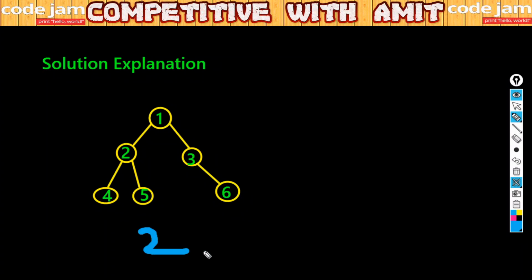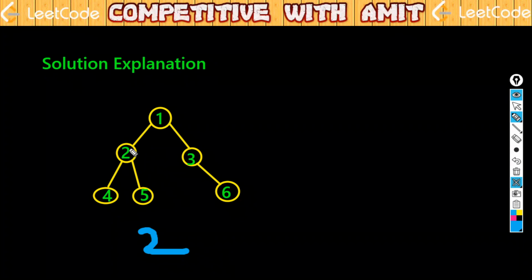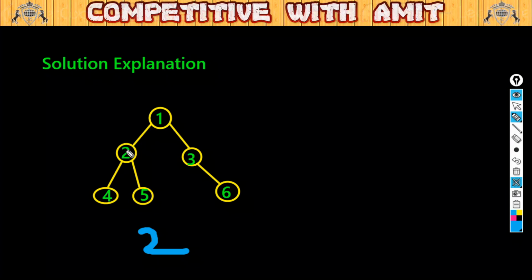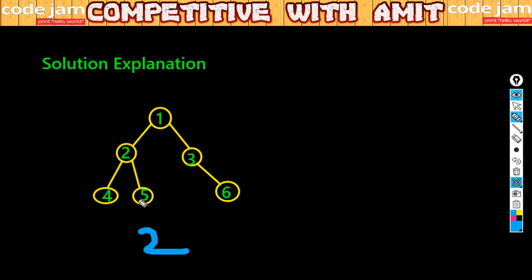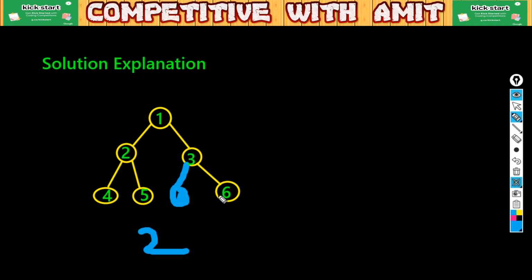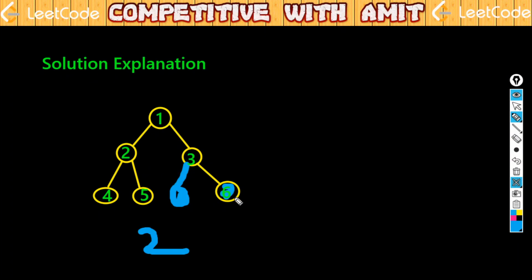Now if we apply some formula such that the value which the node stores is according to its position, suppose here 1 is there, here 2, here 3, here 4, here 5, and if one more node, here should be 6 and here should be 7.